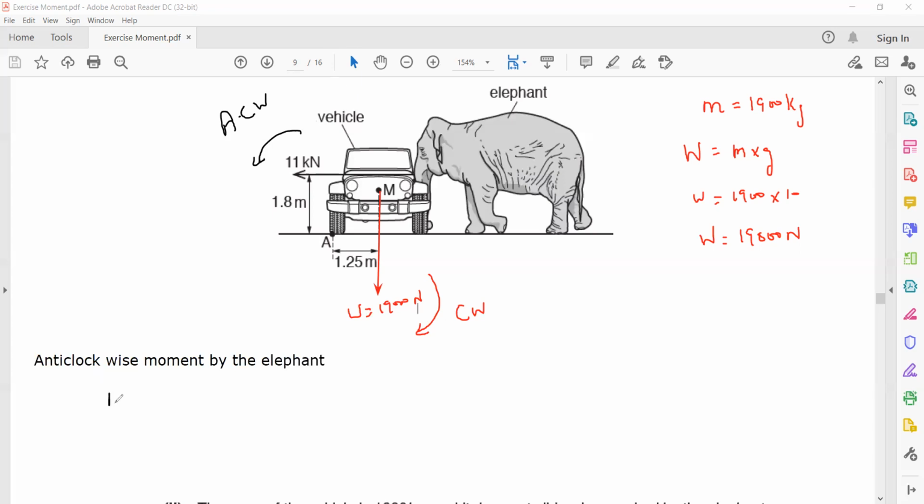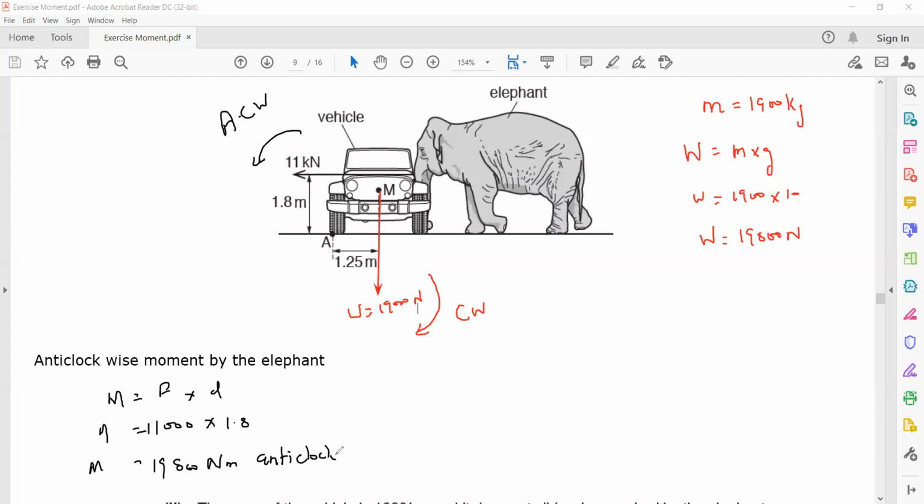The formula for moment is force multiplied by distance. The elephant is applying 11 kilonewton or 11,000 Newton, and the distance from the pivot is 1.8. So 11,000 multiplied by 1.8, we got that as 19,800 Newton meter anti-clockwise.